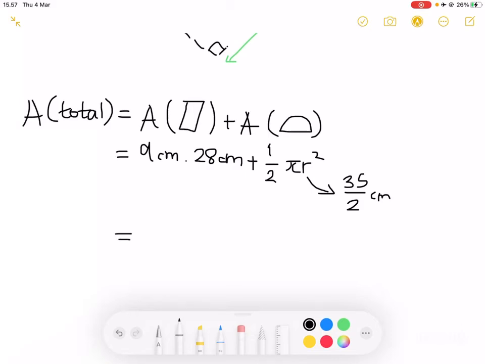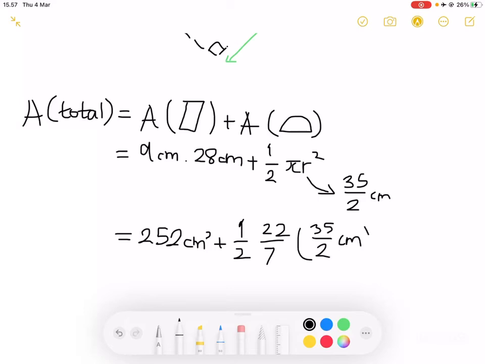So overall this will be 252 centimeters squared, and this will be a half times pi, which is 22 over 7, times this thing right here squared.